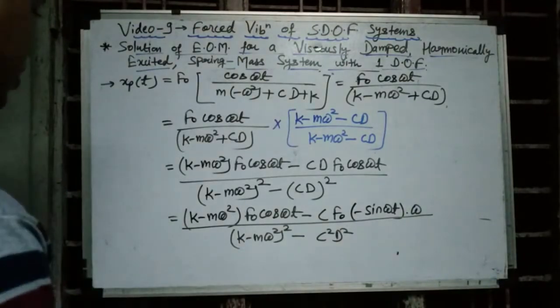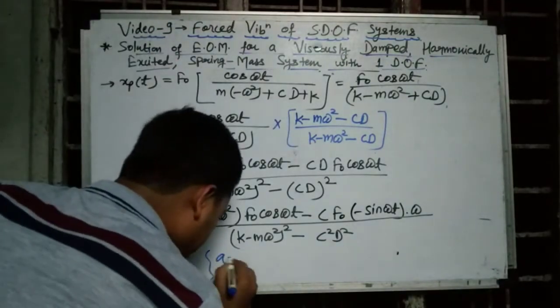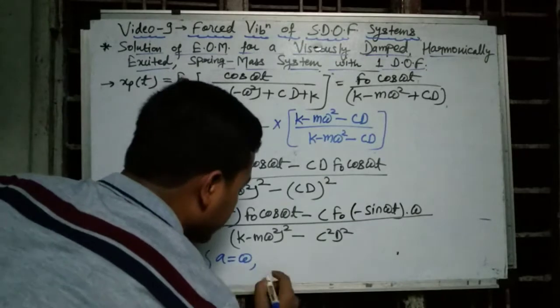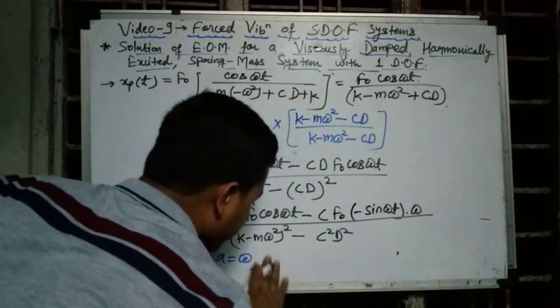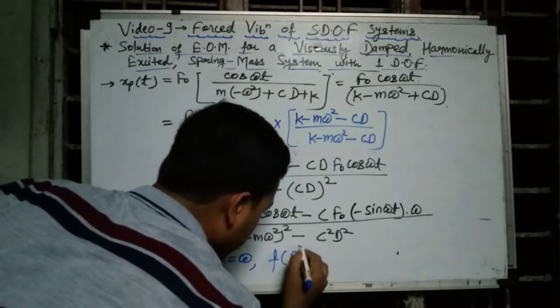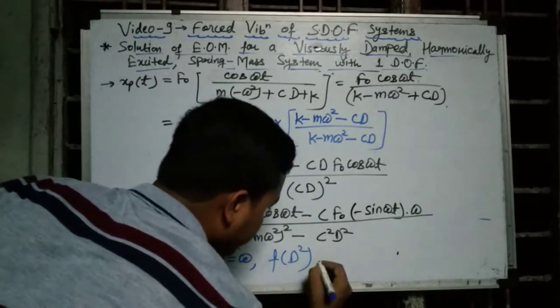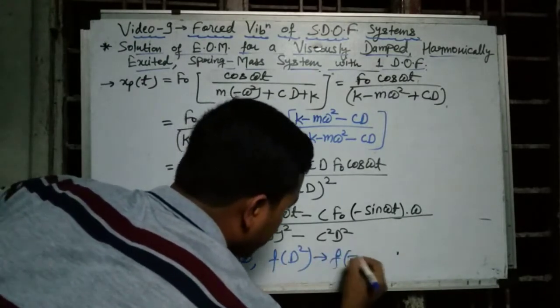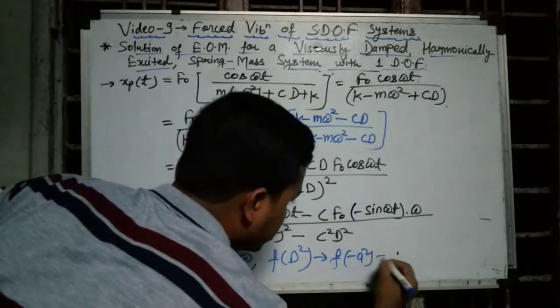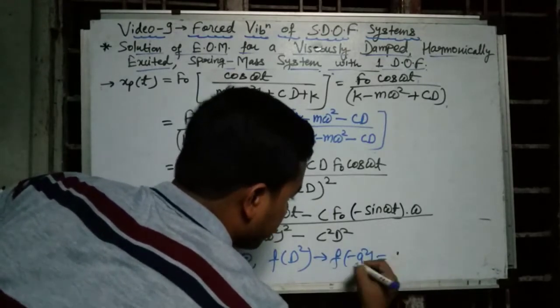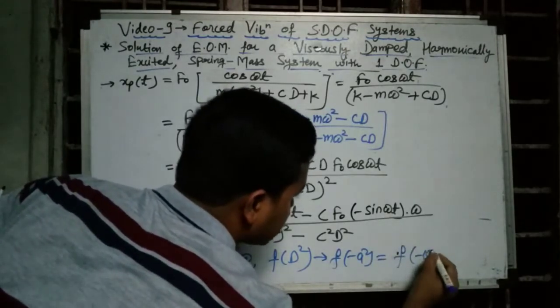So again you can recall, what was our a? A was omega. So instead of f of d square, once again I should write f of minus a square, which is equal to f of minus omega square.